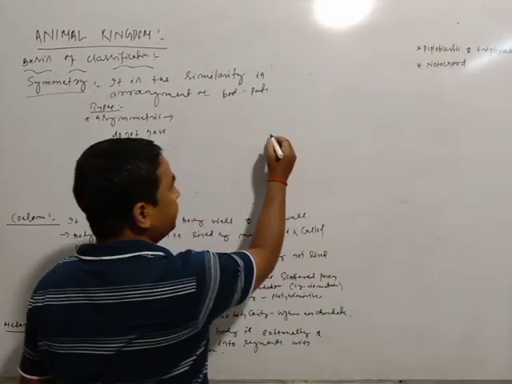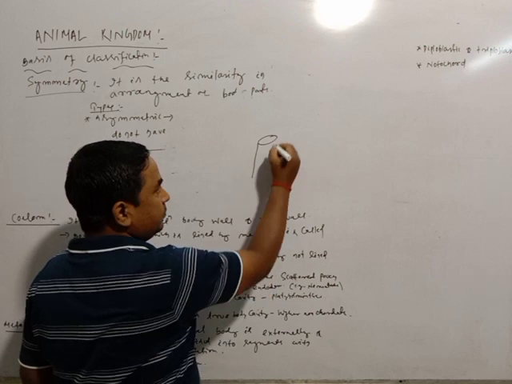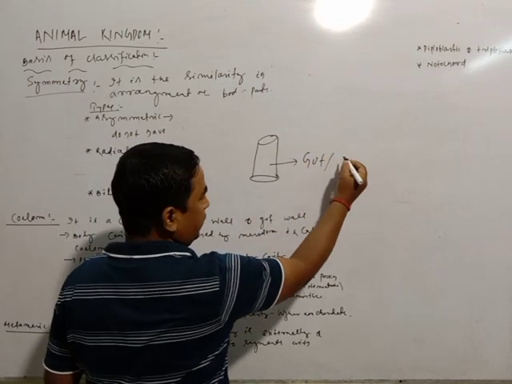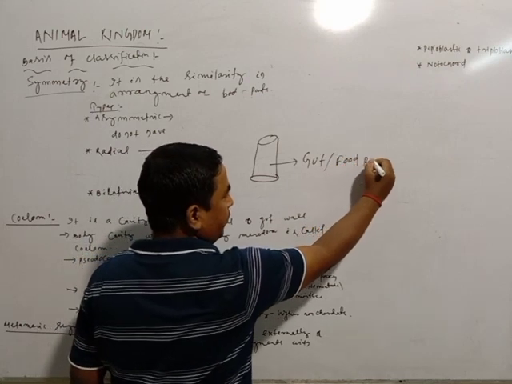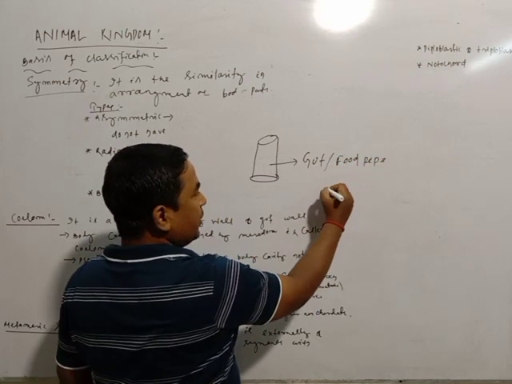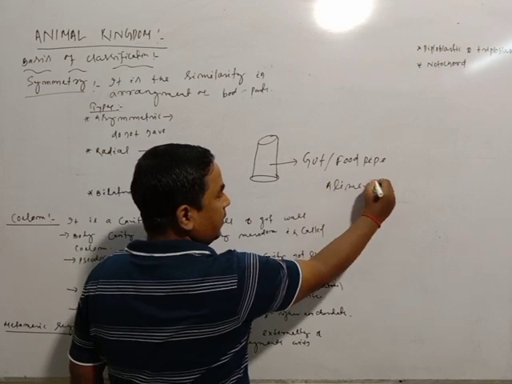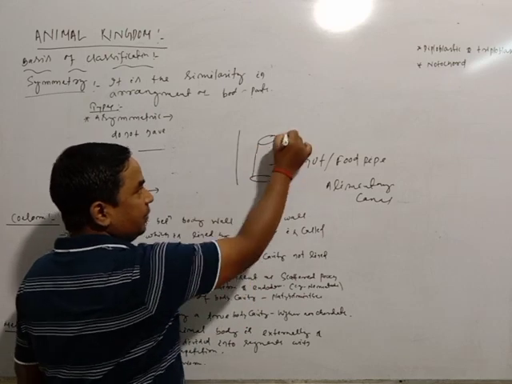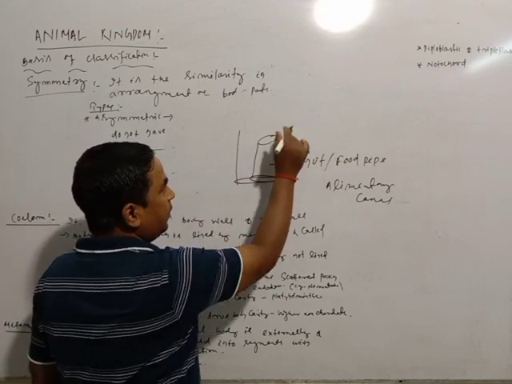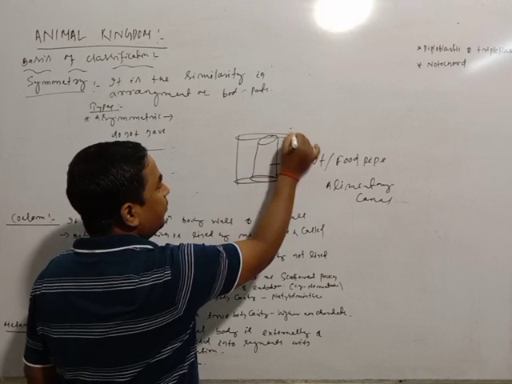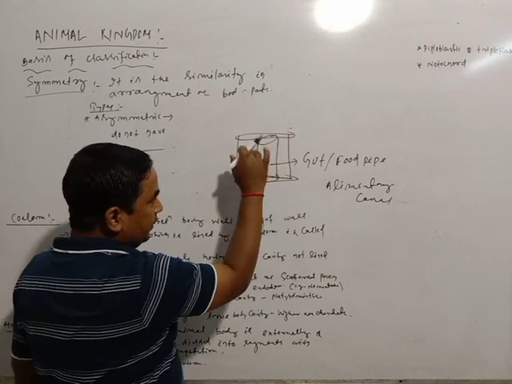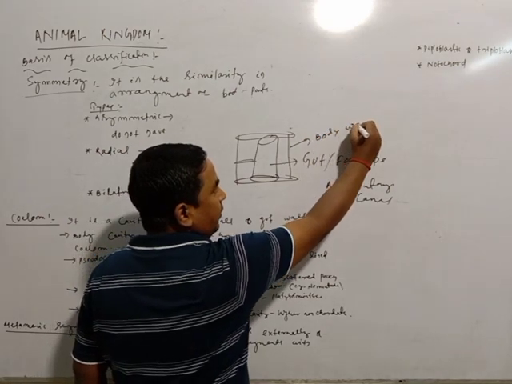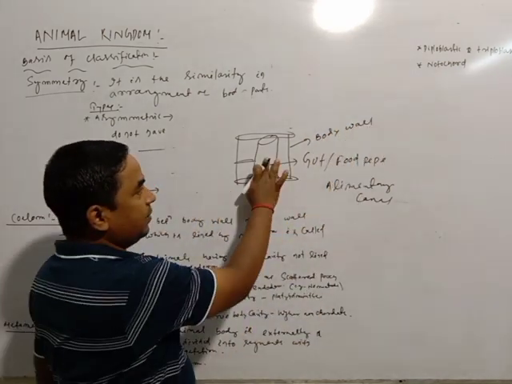If this is the gut or food pipe, or you can say elementary canal, and if this is its body wall, let us say this is its body wall, this is the body wall, and this is the elementary canal.